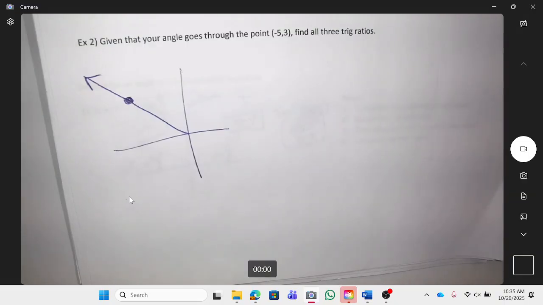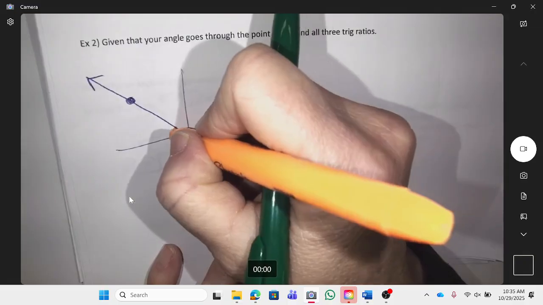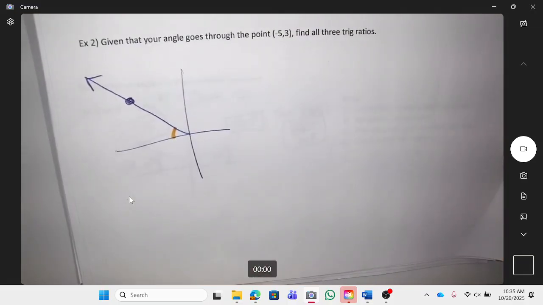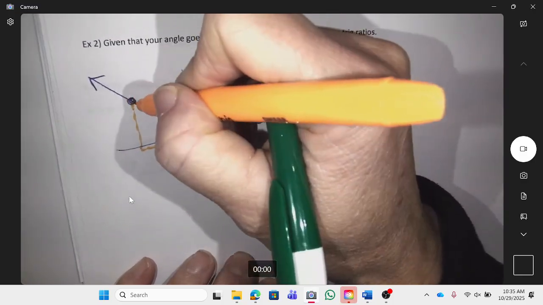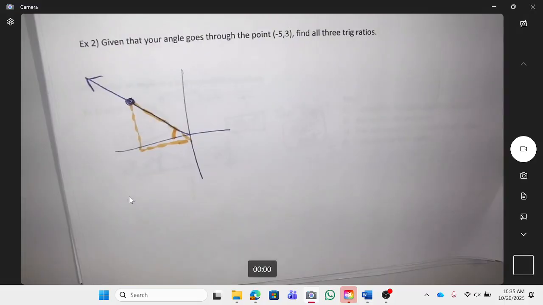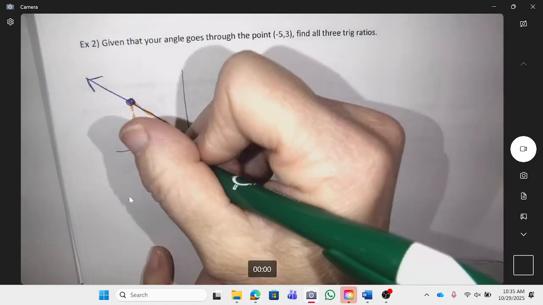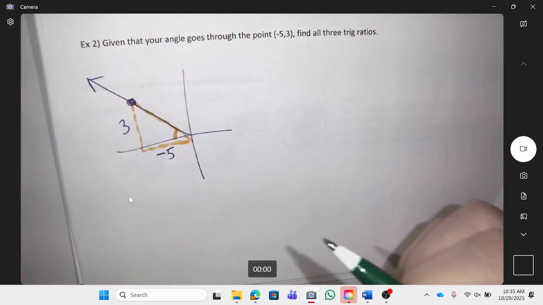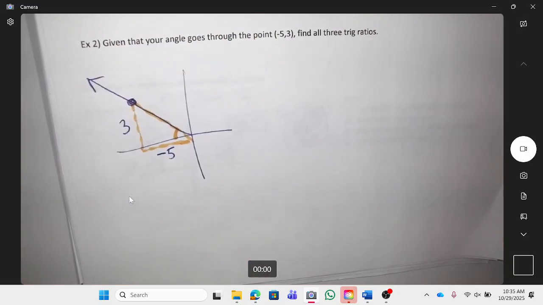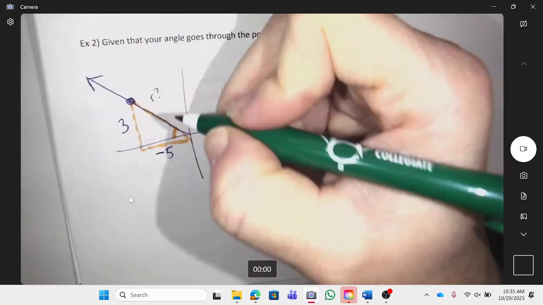When I connect my triangle, I'm making sure I'm making that x-axis reference connection. I'm going to label the walls. -5 is an x value, so it's got to be on the flat side. 3 is vertical, y. And I'm going to figure out the r.